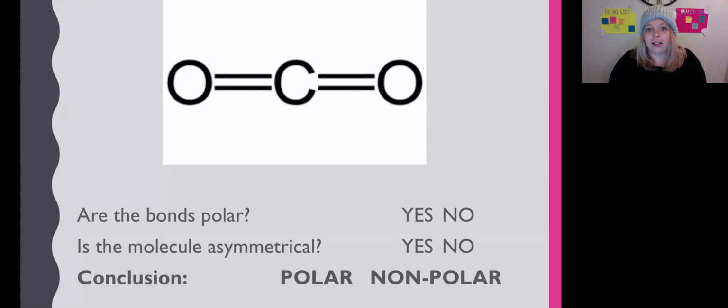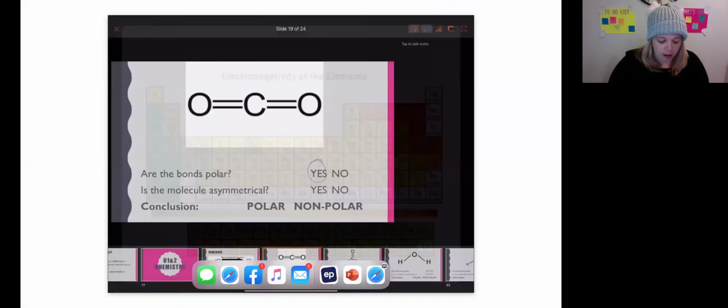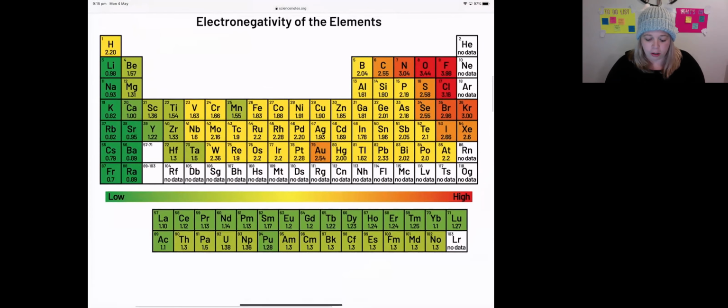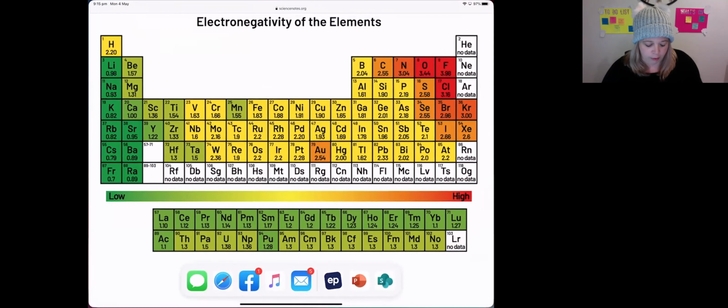You can always just ask, are they the same? If the atoms are the same, then there's no difference in electronegativity. These ones are different, so it's likely that they're polar, but let's check how polar they are. So let's go to our table and find the electronegativity of carbon. Up the top here is 2.55 and oxygen is 3.44.